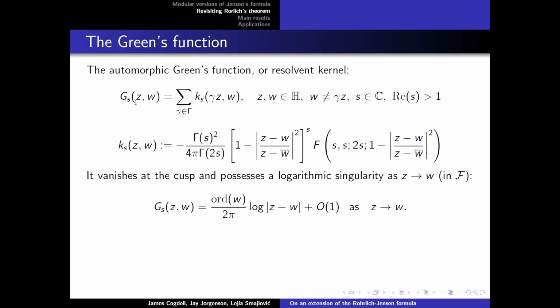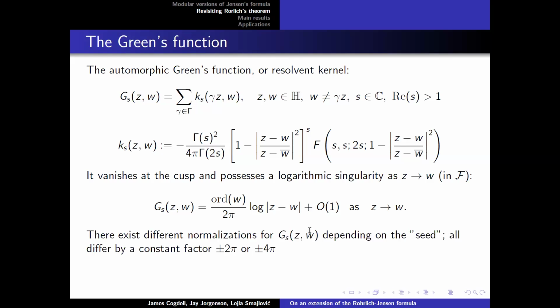And the Green's function has some very nice properties, which are the following. The Green's function vanishes at the cusp. It has a logarithmic singularity inside the fundamental domain. The logarithmic singularity is of the type of the order of w divided by 2 pi times the logarithm of the absolute value of z minus w.